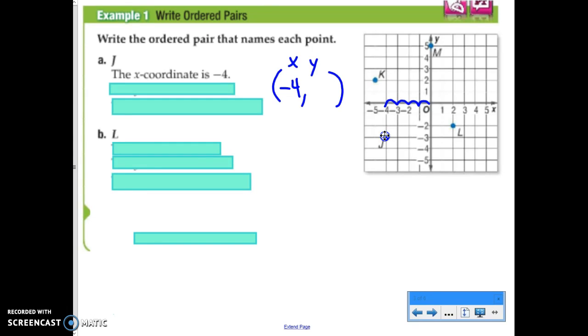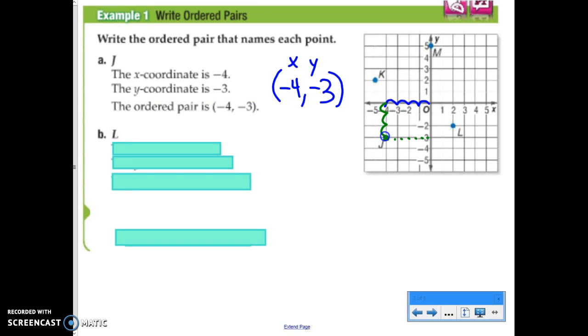Then from -4 I go below 1, 2, 3 to -3. I trail it over to the y-axis there. I know the y-coordinate is -3. And my ordered pair then would be -4, -3 for that point J.